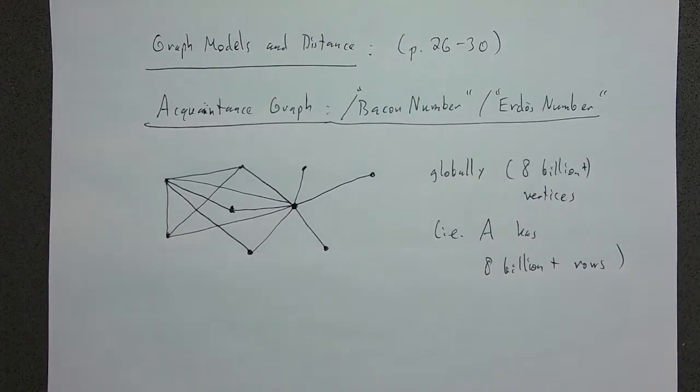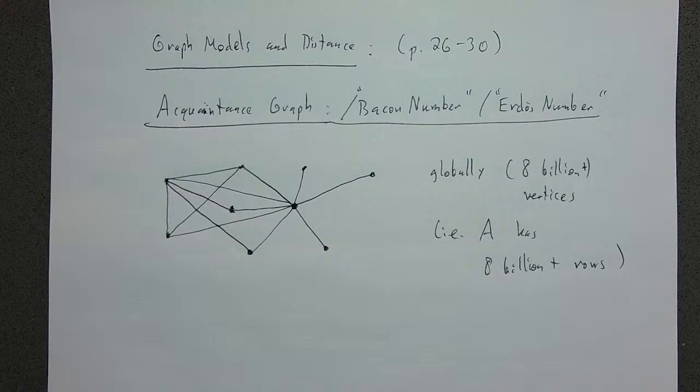You might also have the problem that people are constantly being added: babies are being born, people are dying. Of course, you could leave the dead connected to this graph, since you knew the person that was once alive. So the point is that this is an absolutely gigantic data set.